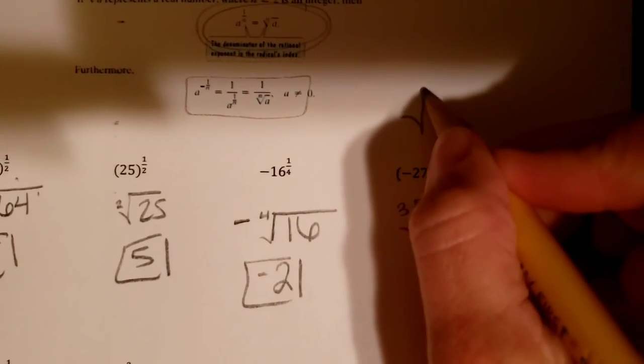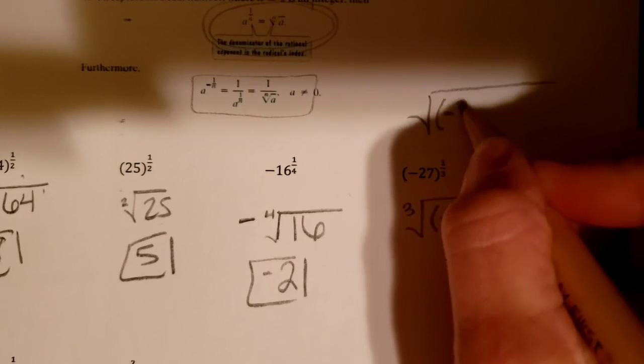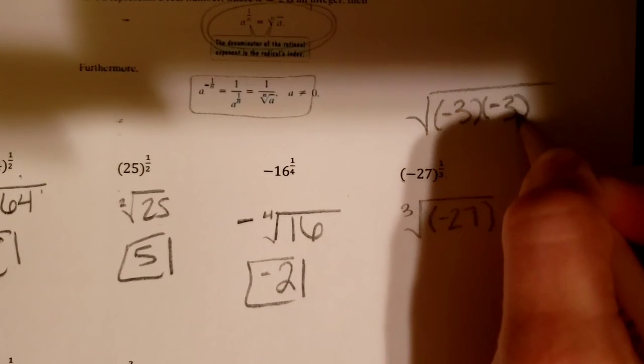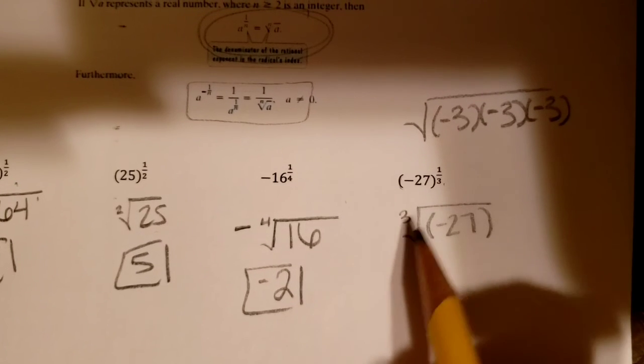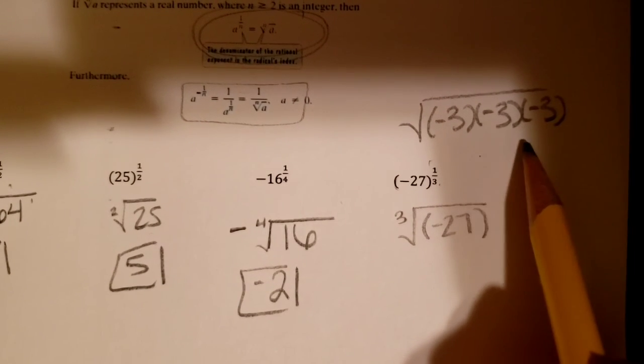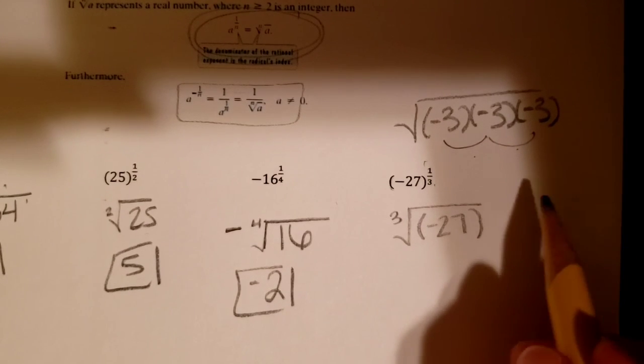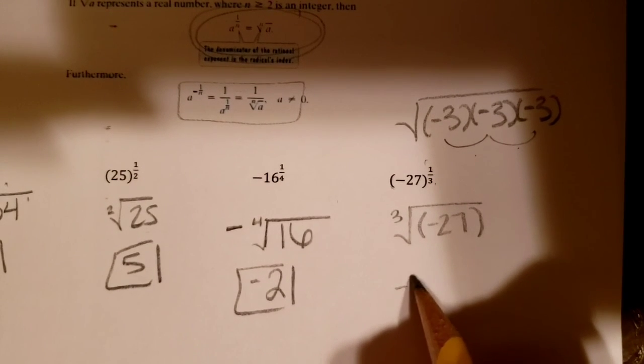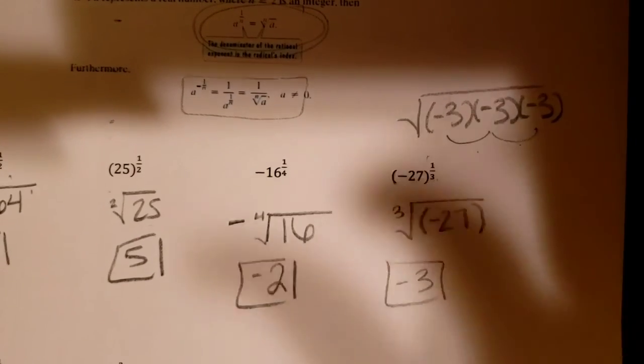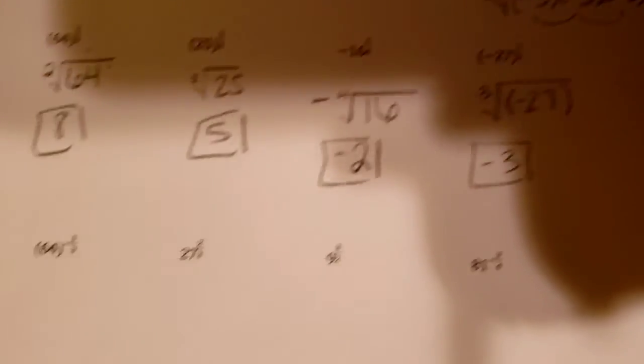Know that 27 is 3 times 3 times 3, and therefore negative 27 is negative 3 times negative 3 times negative 3, because that would be your positive 9, then a negative 27. So we can come up with an answer of negative 3 for the cube root of negative 27.